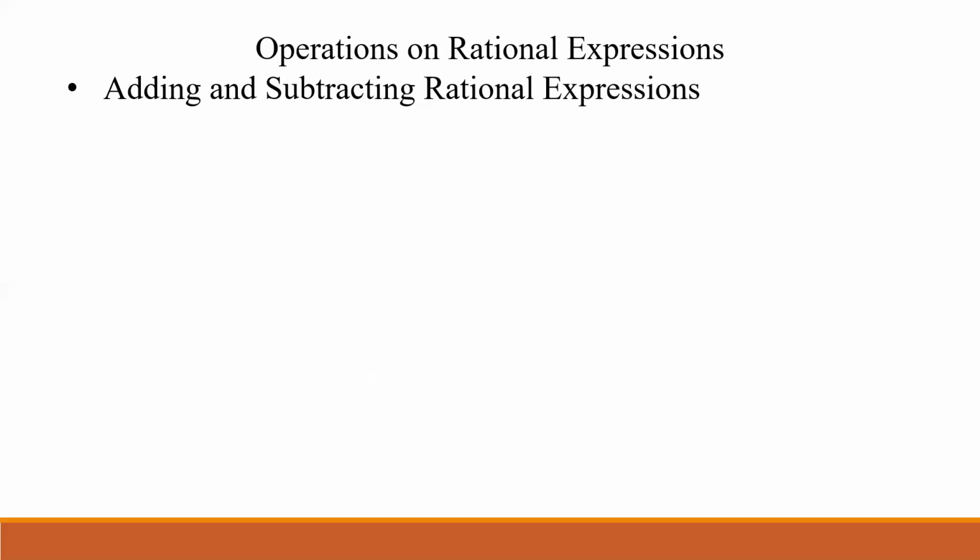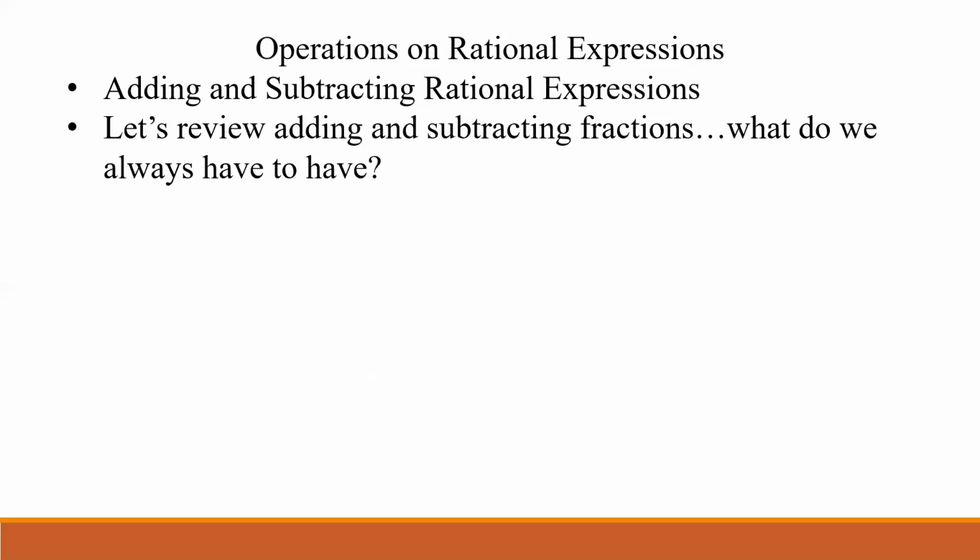But before we get into the whole meat and potatoes of this, let's go back to elementary school for a second and just do a quick review of how we add and subtract fractions in general. So ask yourself real quick, what do we always have to have if we're going to add or subtract two fractions? Well, we have to have a common denominator.